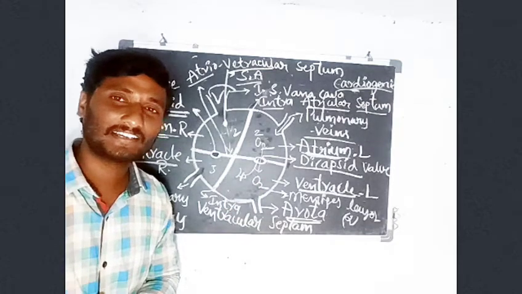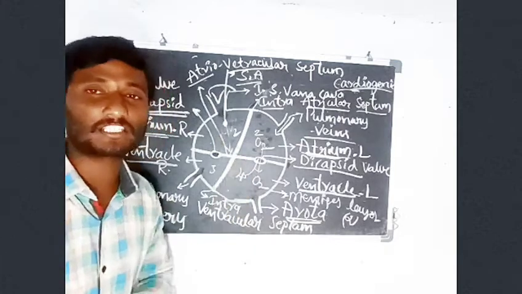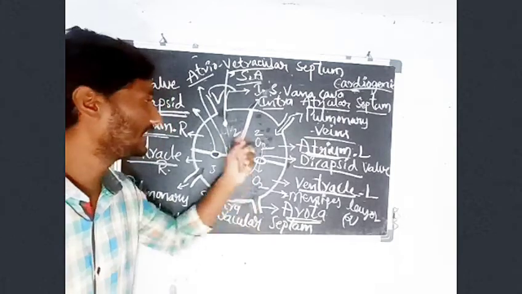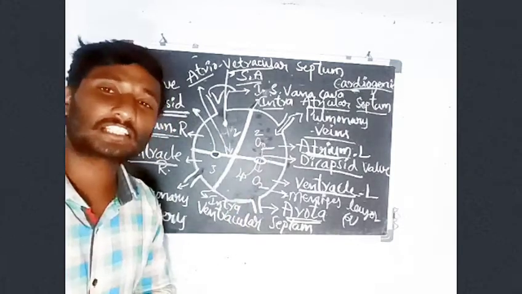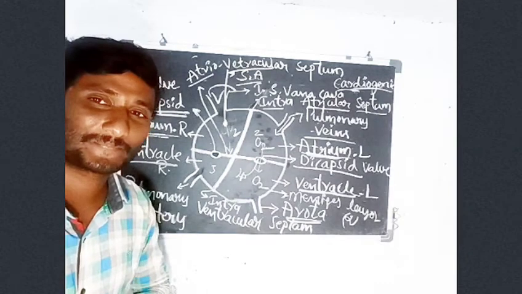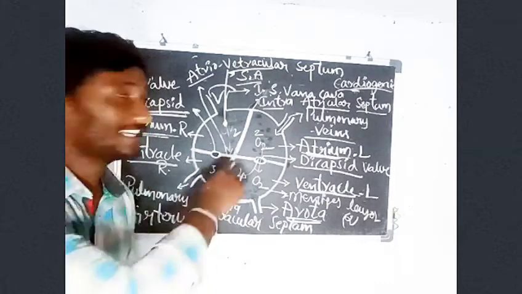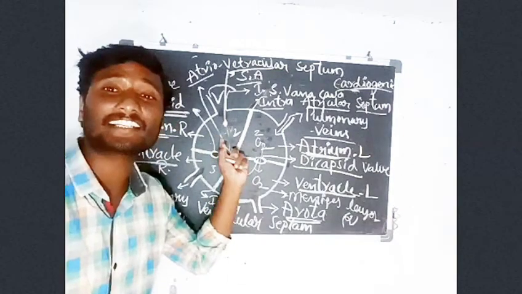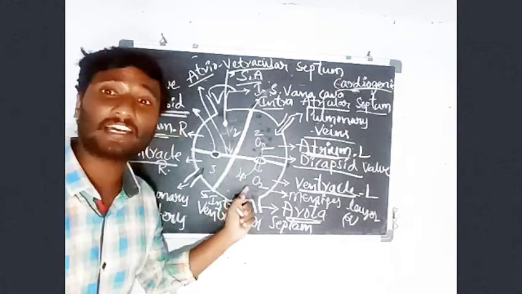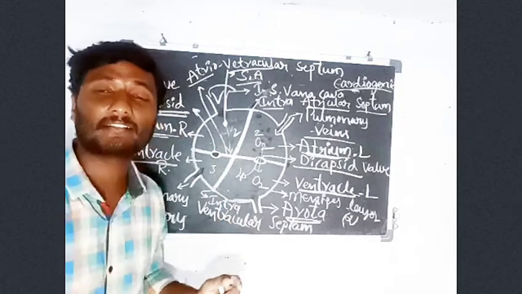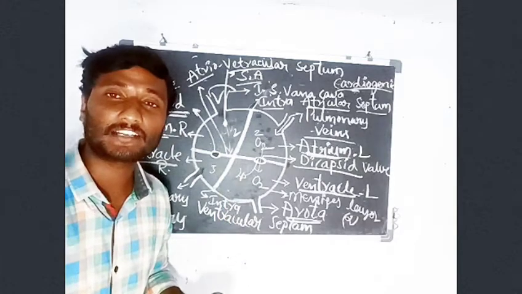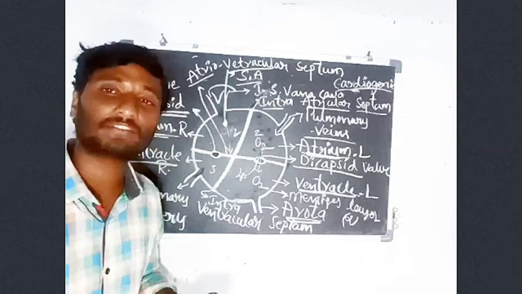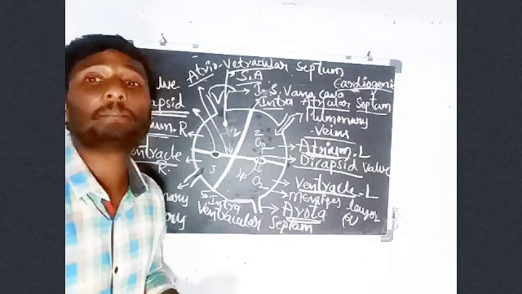Anyone say? Why are both chambers bigger than the remaining two chambers? Because here it is collecting deoxygenated blood, and here it is pumping or transporting oxygenated blood to various parts of the body. That is the main reason.